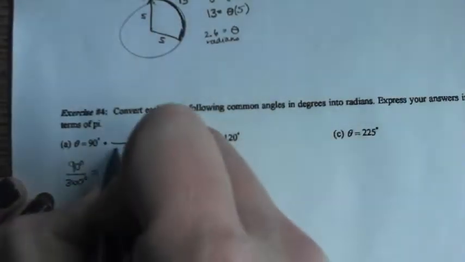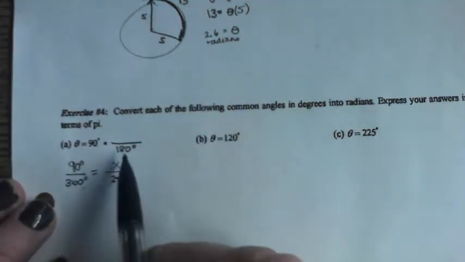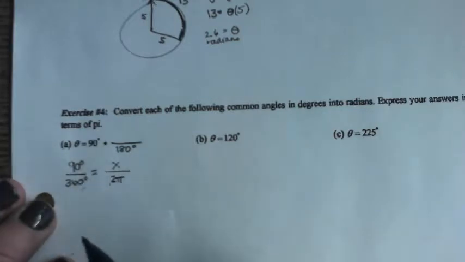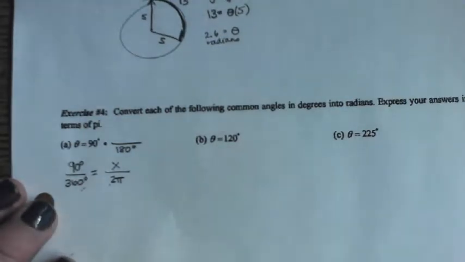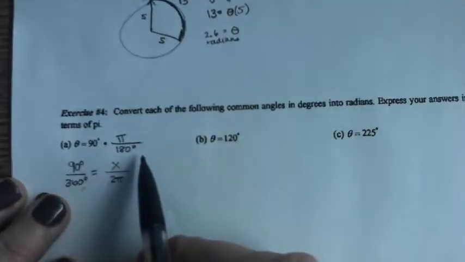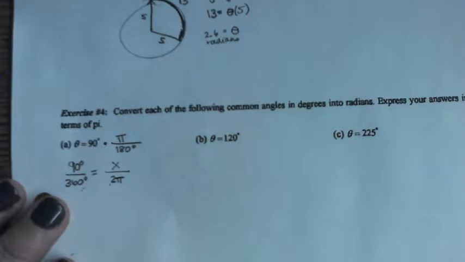So I'm going to put 180 degrees in the bottom, and I'm using 180 because I know how many radians is 180 degrees. Pi, or 3.14, but use pi because it's exact and 3.14 is technically rounded. Pi radians over 180 degrees is the same thing, so it's multiplying by 1.